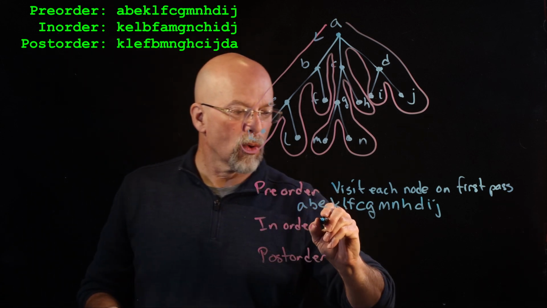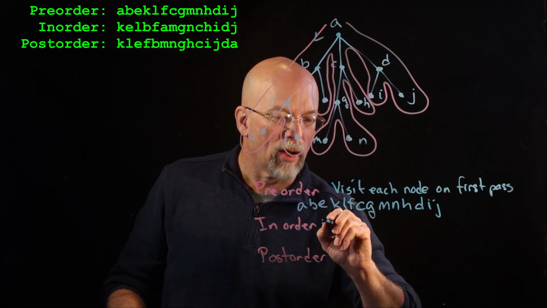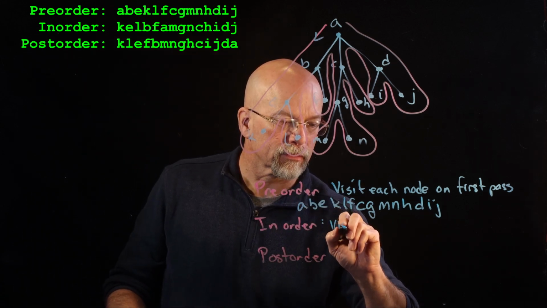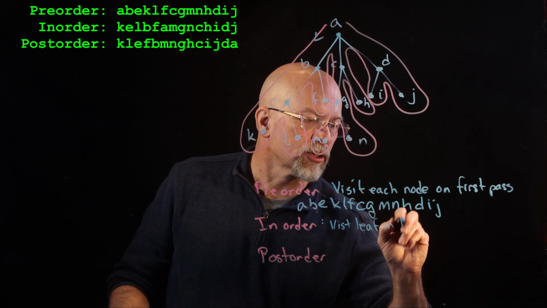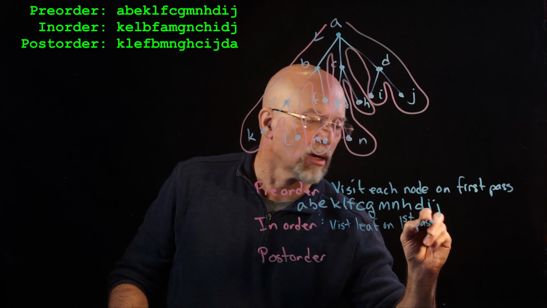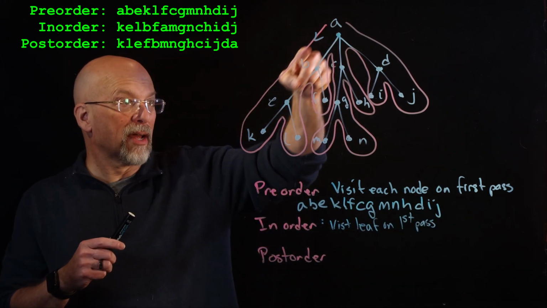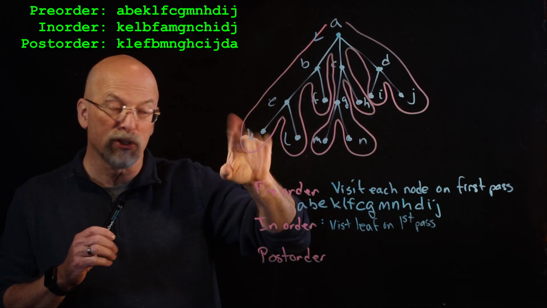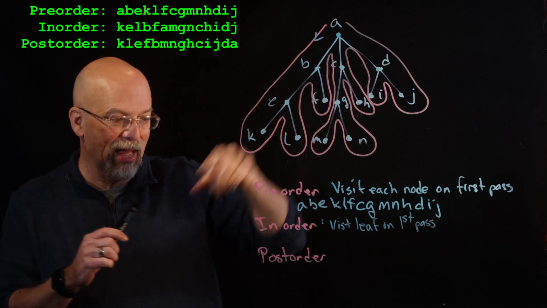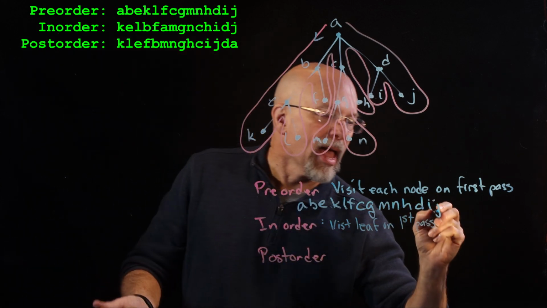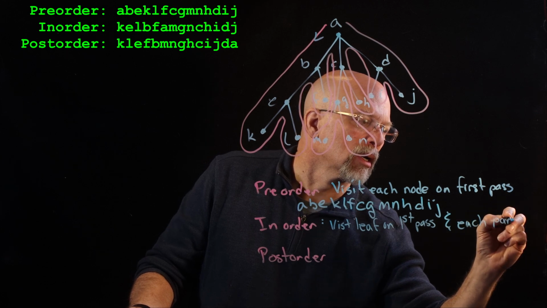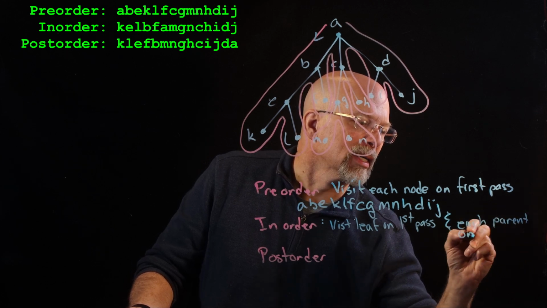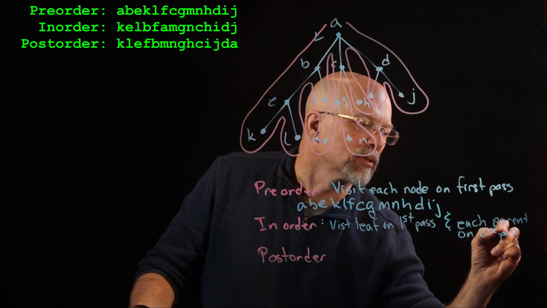Now, inorder. How does inorder work? Well, first you visit a leaf on first pass. All right. So I come all the way down here. There's a leaf. There's a leaf. First pass, I visit it. All right. And each parent on second pass.